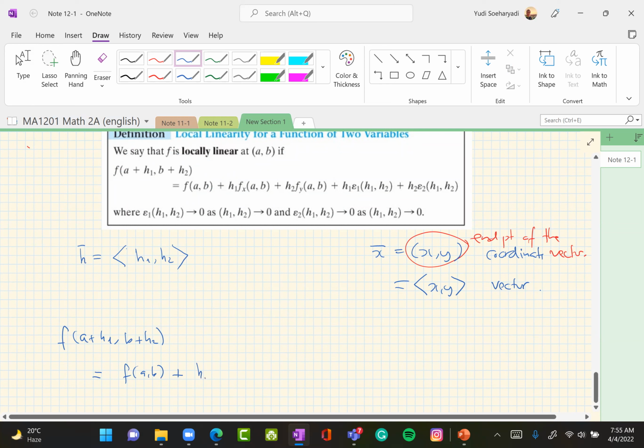And plus h1 times, this is the partial derivative, df dx computed at AB, plus h2 times df dy computed at AB plus epsilon 1 h1 and epsilon 2 h2, there.